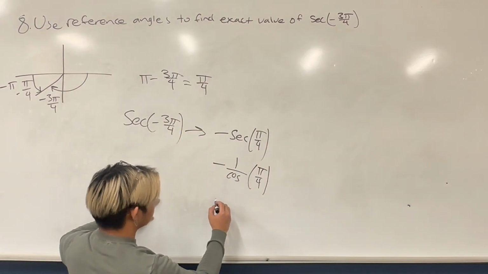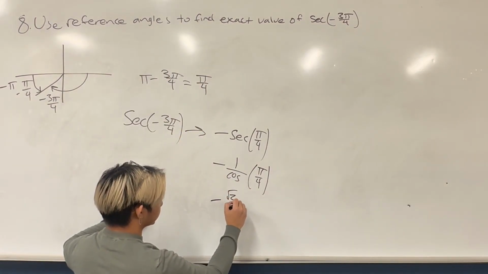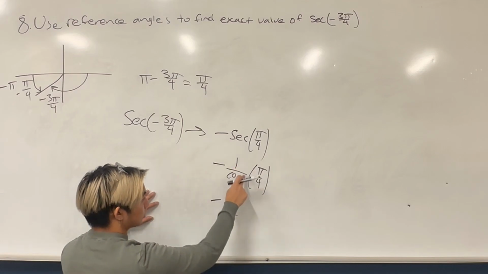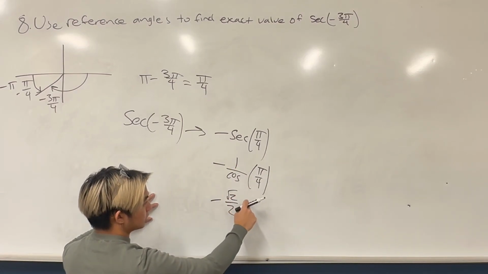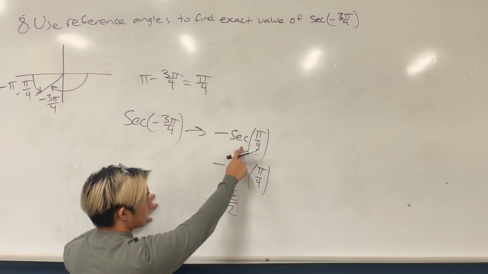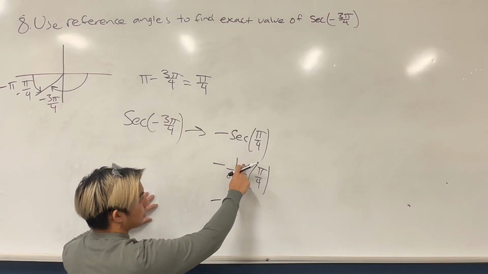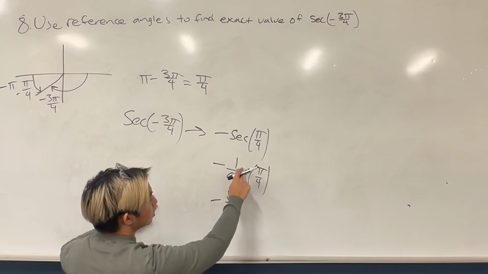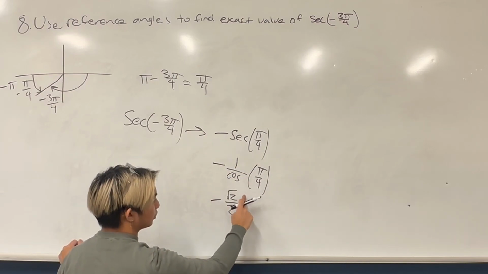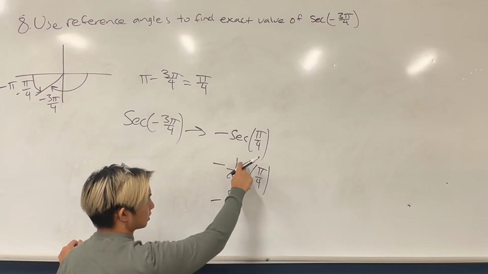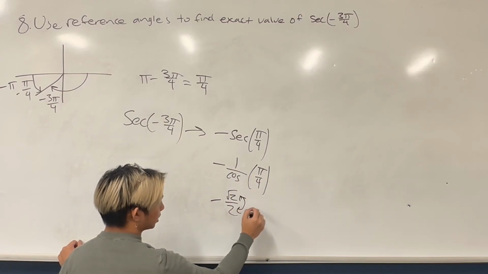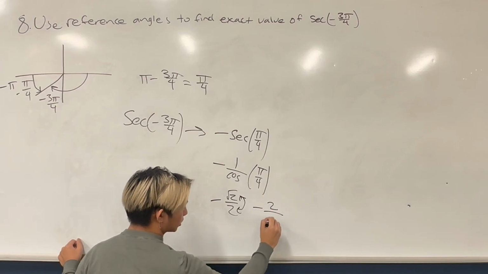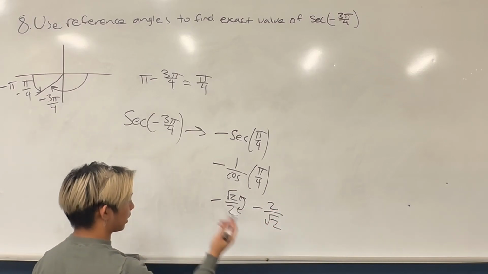But remember, this is 1 over cosine. So that means the value here has to be flipped because it's asking for the secant of pi over 4. So the values of the top and bottom are flipped. So this becomes negative 2 over square root 2.